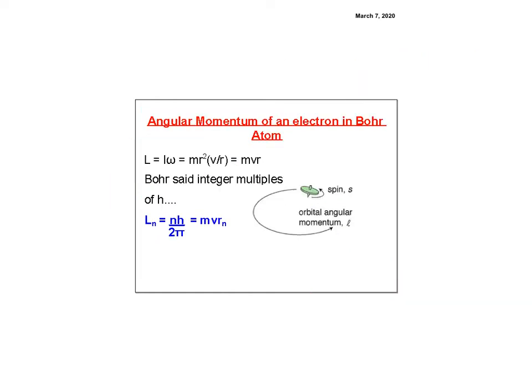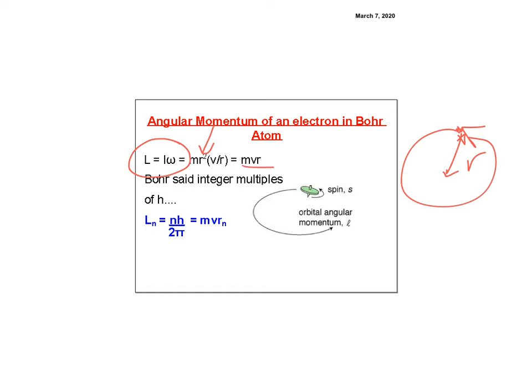And then we have the angular momentum of an electron in the Bohr atom. So we know that L is equal to I omega, and we know I is mr squared because you just have one thing spinning around, so it's got an r, and that means it's basically mr squared. Remember, you could have 1/2 mr squared and all those things.